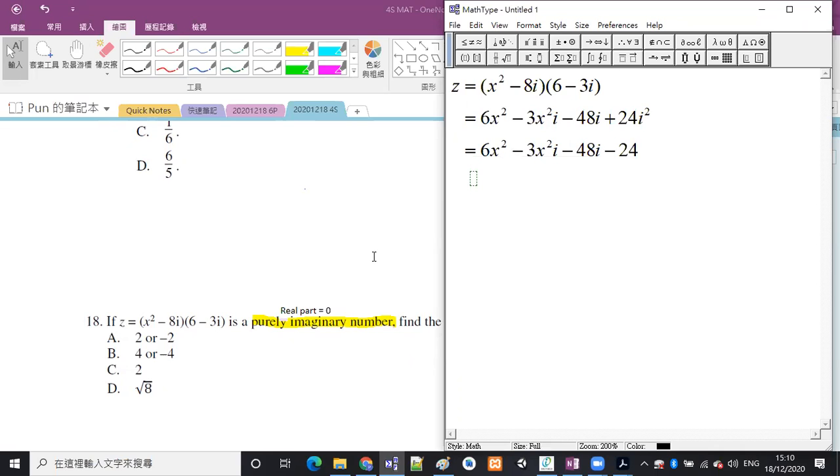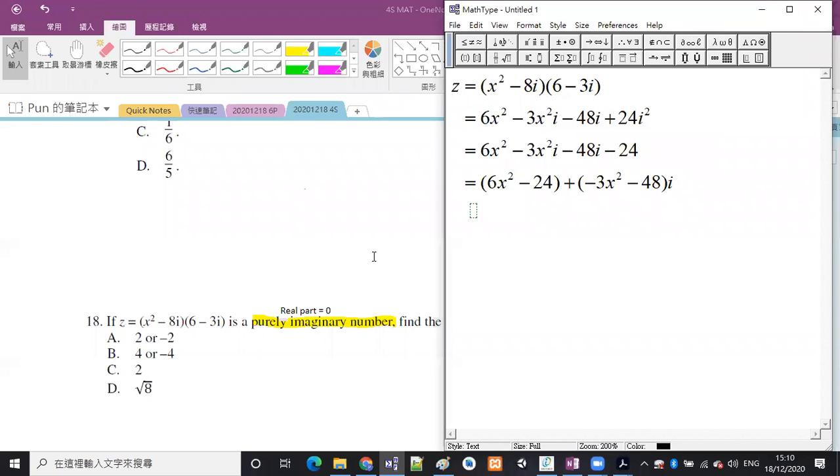And then group the real parts together and the imaginary parts together. 6x squared, the no i part, plus the i part is -3x squared minus 48, and then i. Can you get this?